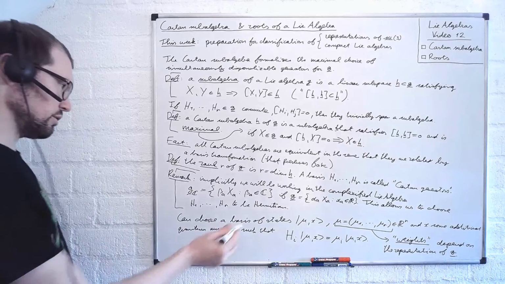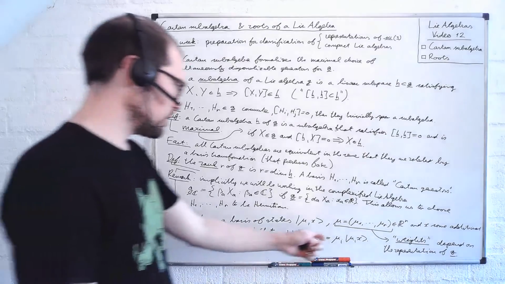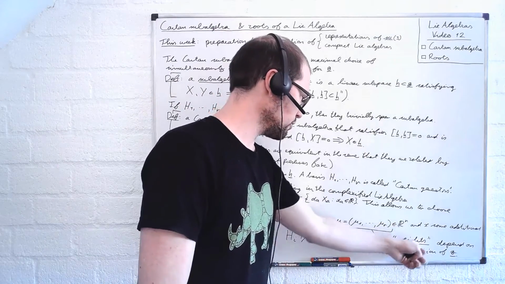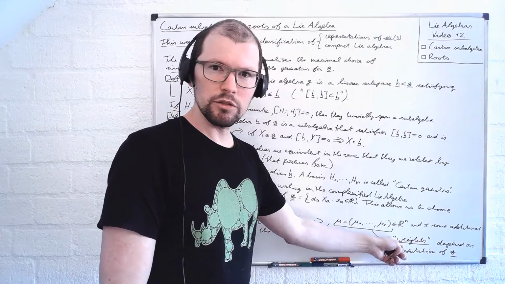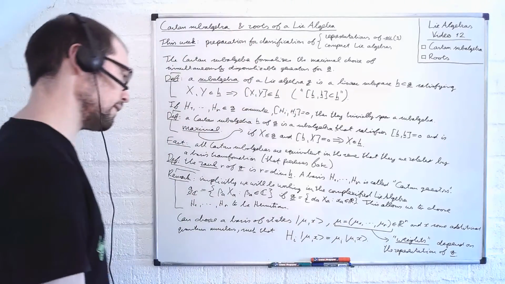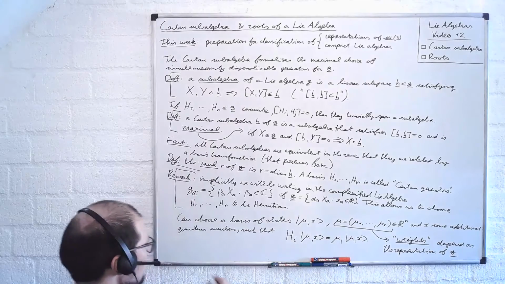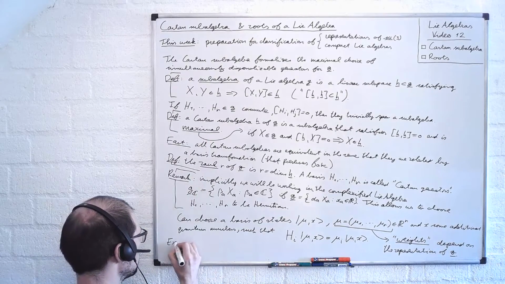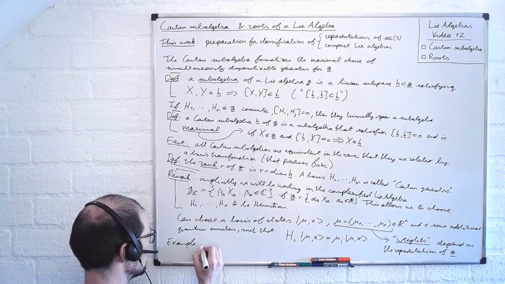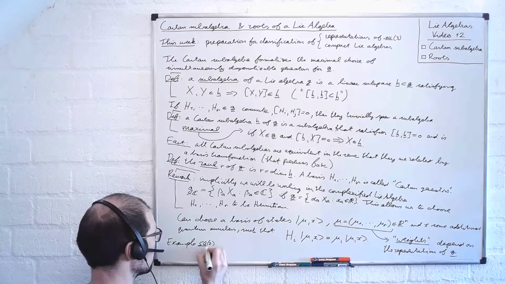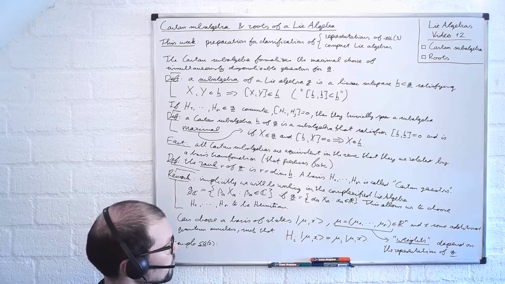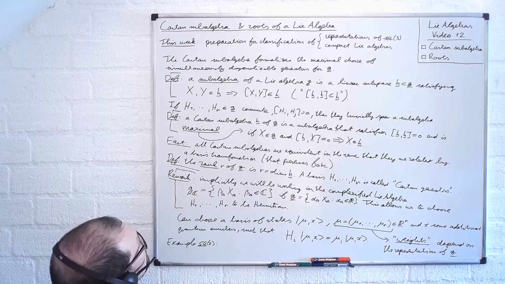So just a quick example. Why do we call this weights? Well, this sounds familiar from our SU2 lecture. So, example in the case of SU2. So there, what is the Cartan subalgebra?